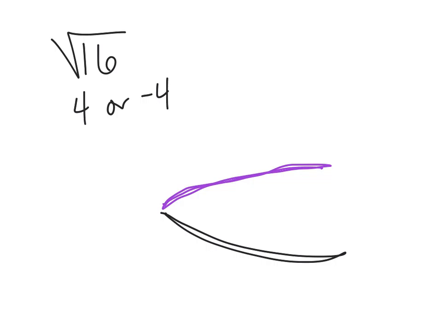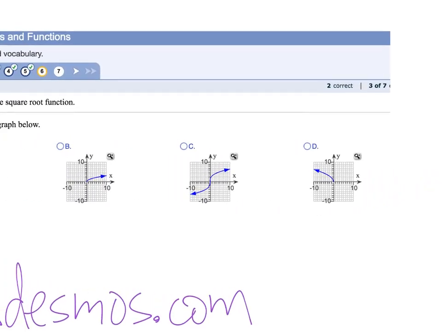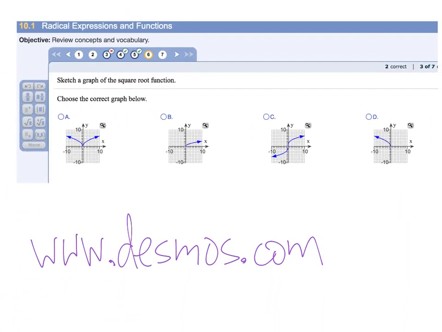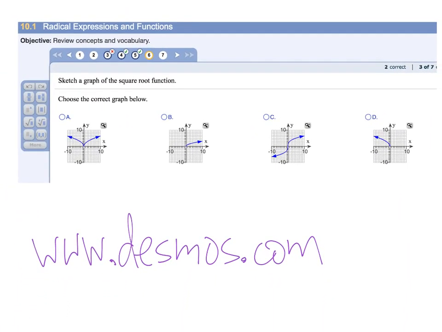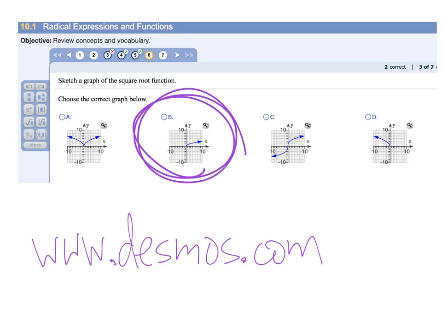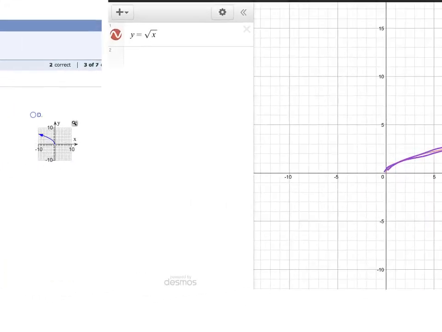But when we're talking algebra here and graphing, we only consider the positive values, and that's always the case when we're talking about graphing a function. And so in that case, the answer is B. And actually, you'll notice this picture right here matches the picture that you see in Desmos.